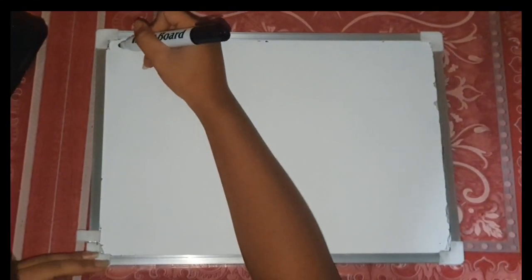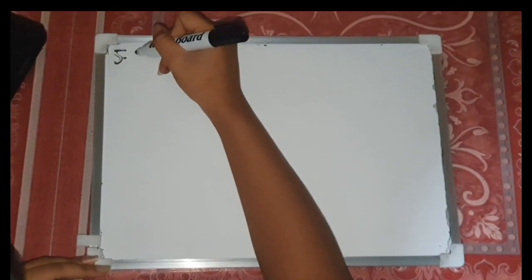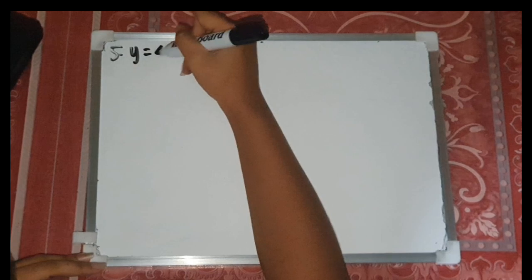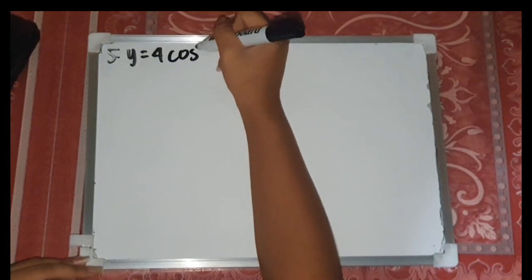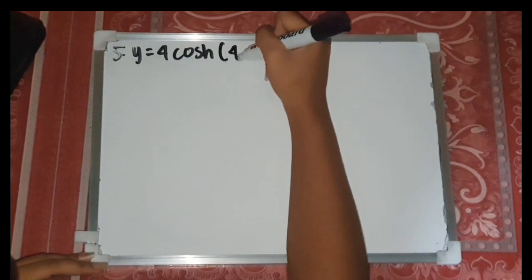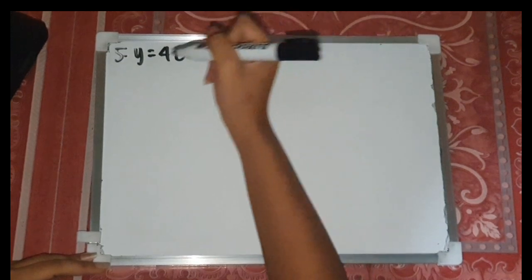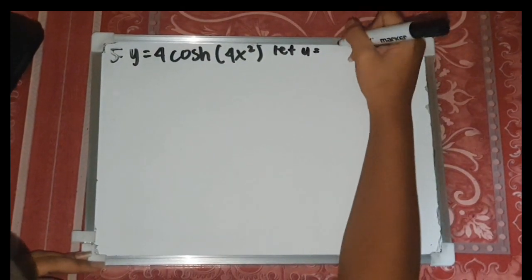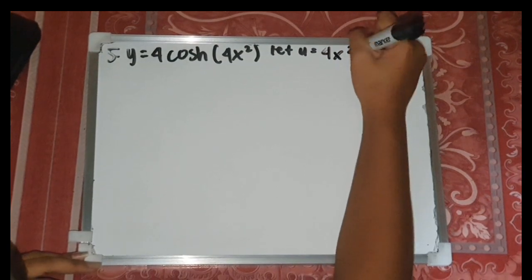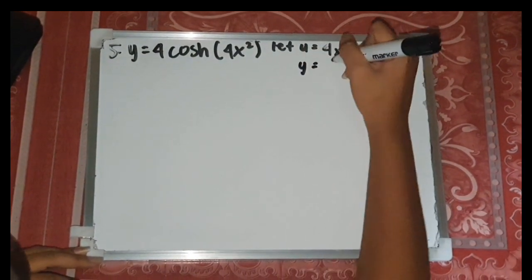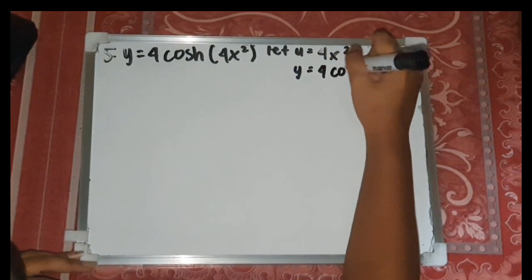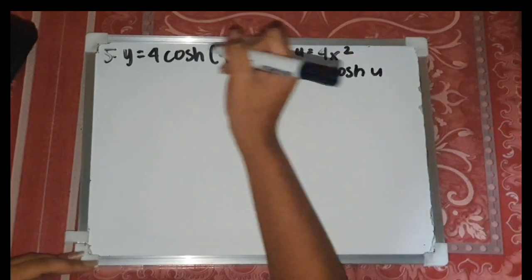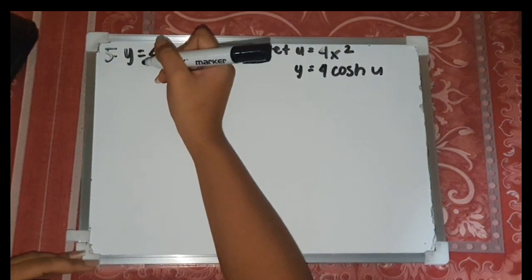Our fifth example is y is equal to 4 hyperbolic cos 4x squared. So let u is equal to 4x squared and y is equal to 4 hyperbolic cos u. We're going to use the chain rule for this.